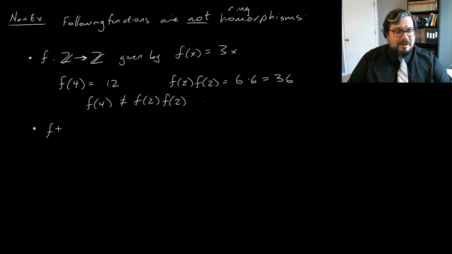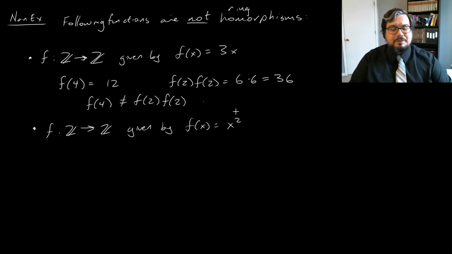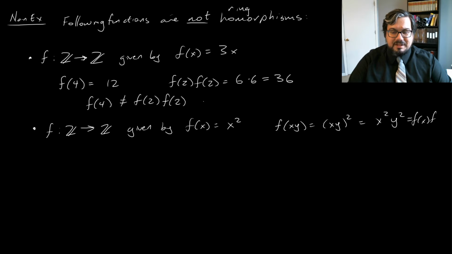All right, well, how about f from Z to Z given by f(x) = x squared. This function does respect multiplication, because f(xy) is (xy) squared, which is x squared times y squared, which is f(x) times f(y).